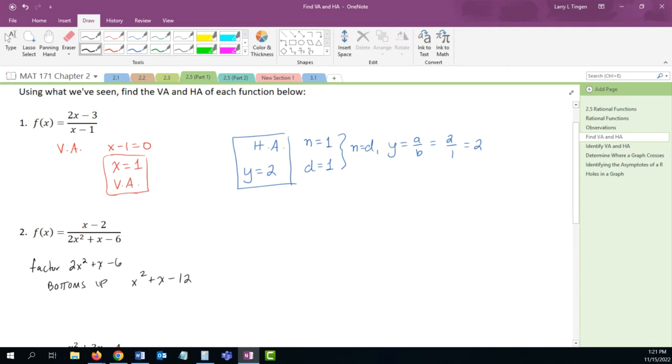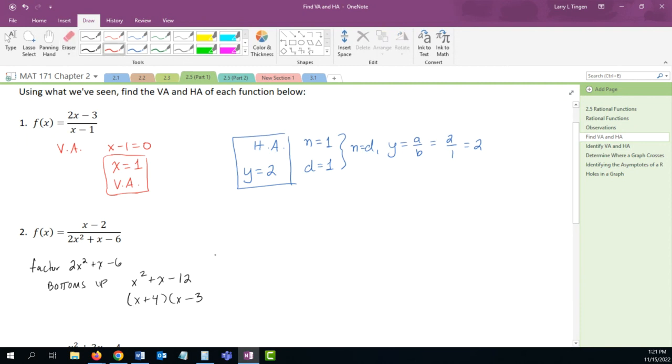All right, so two numbers that multiply to negative 12, and add to 1. Do those exist? Absolutely. They're 1 unit apart. What are they? They're x plus 4 and x minus 3. And then remember we did bottoms up.